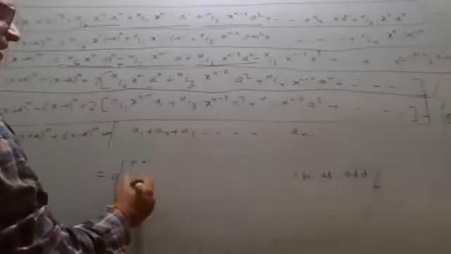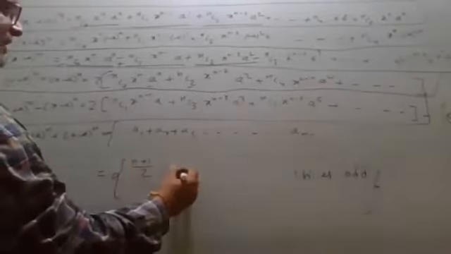Now, the total number of terms in the expansion of power n is n plus 1, we know. And when n is odd, the number of terms will be even. So half of them will be cancelled out and half of them will remain. The total number of terms is n plus 1 and it will be divided by 2.